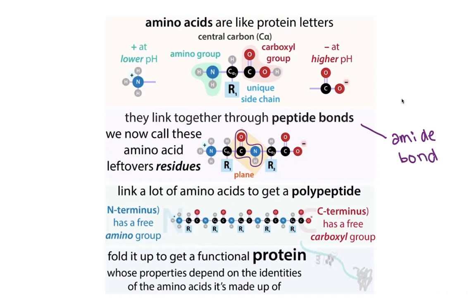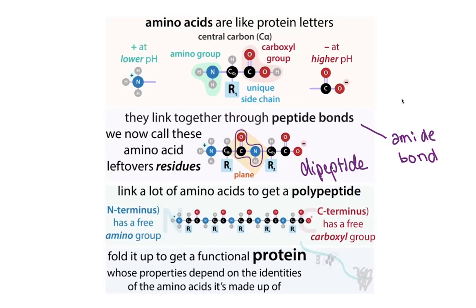Basically, you have a carbonyl carbon attached to an oxygen, and this is attached to your amino group. If you have 2 amino acids join up through a single amide bond, a single peptide bond, you get a dipeptide. If you have 3 link up through 2 peptide bonds, that would be a tripeptide.